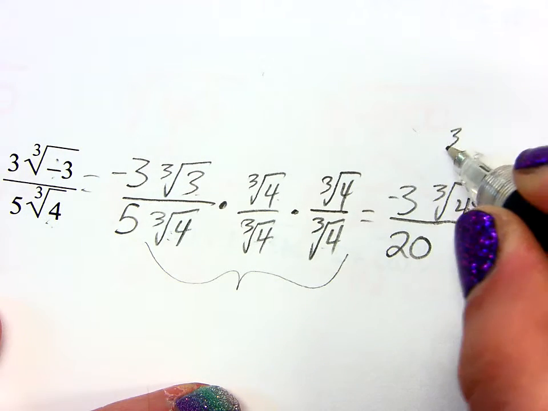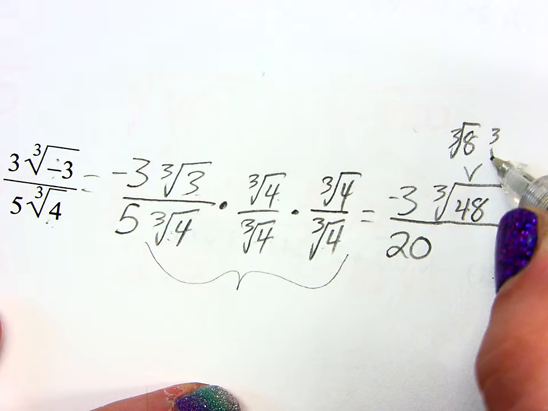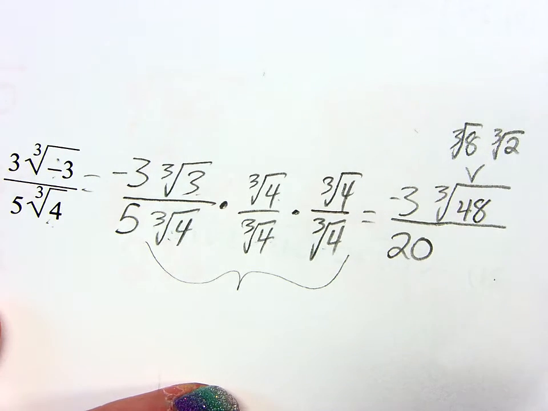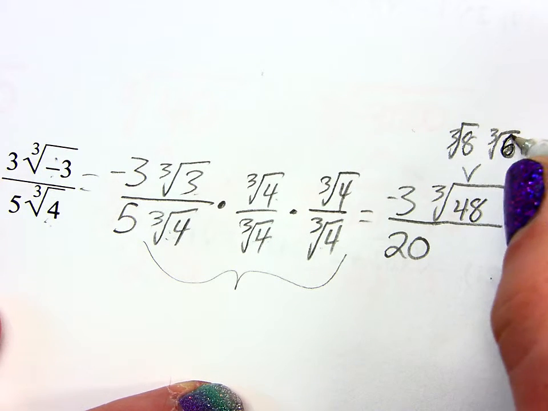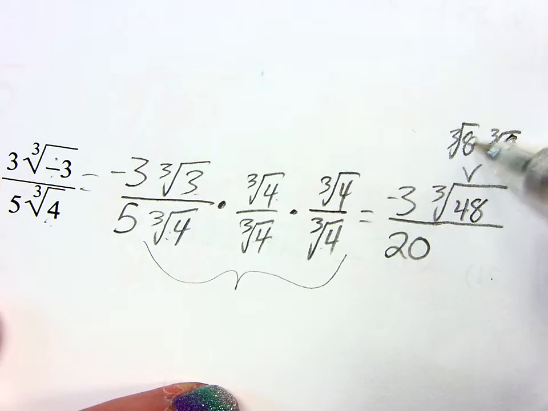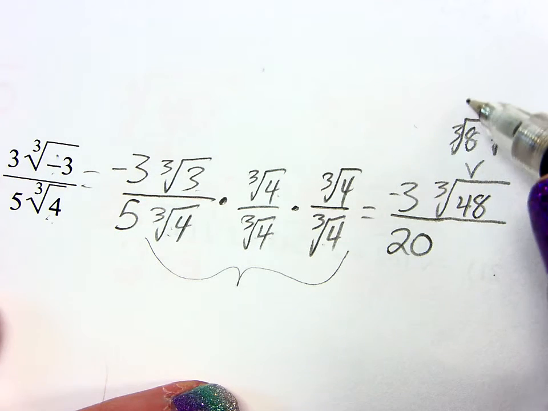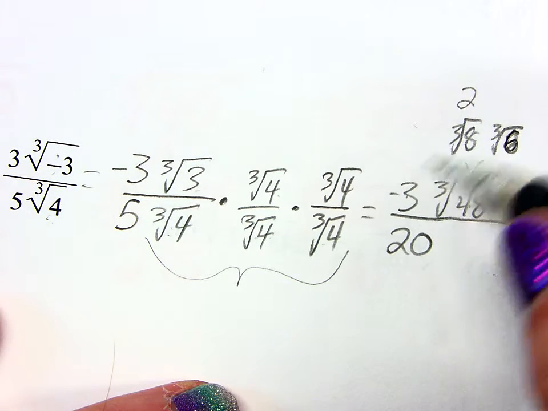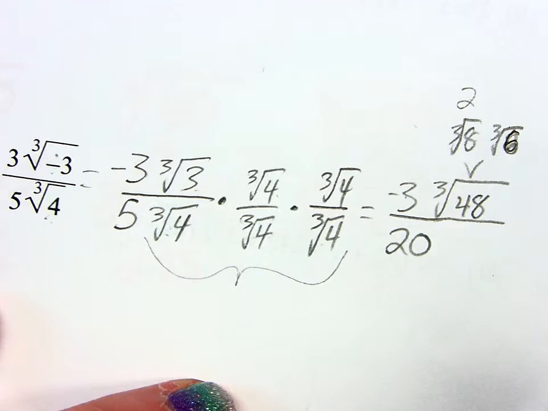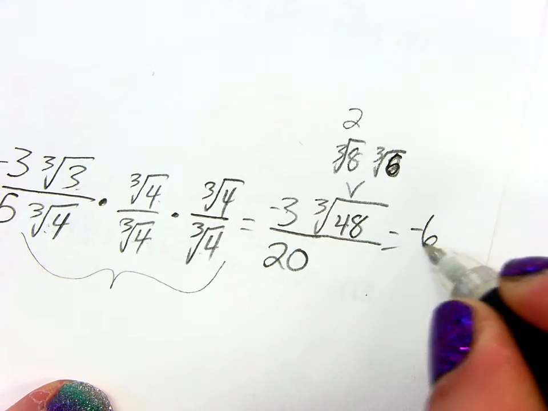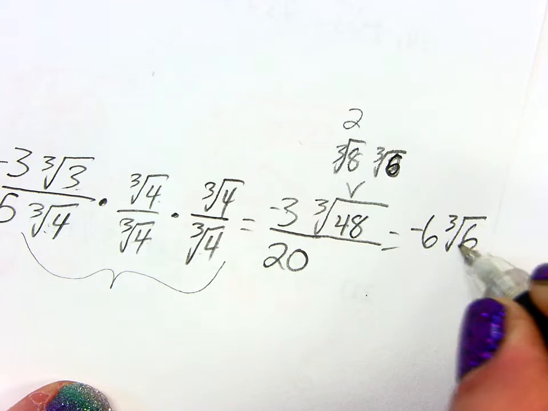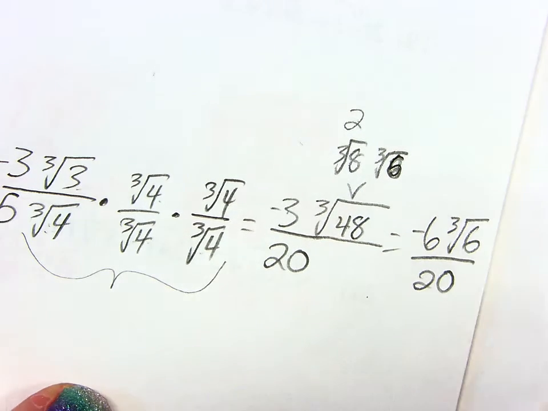So that splits into the cube root of 8 times the cube root of 6, since 8 times 6 is 48. But the cube root of 8 is 2. So my numerator is really negative 3 times 2 times the cube root of 6. Negative 6 cube root of 6 over 20.